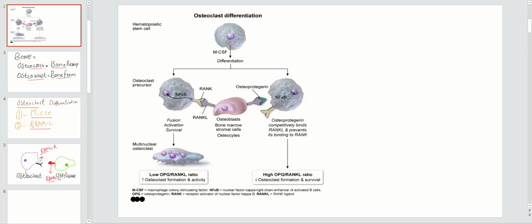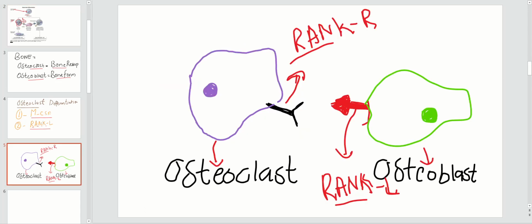Okay, so what is happening? Osteoclast differentiation occurs when monocyte colony stimulating factor causes differentiation of the hematopoietic stem cells into the osteoclast precursor. The osteoclast precursor has the RANK receptor on its surface, as I drew in the previous picture over here.